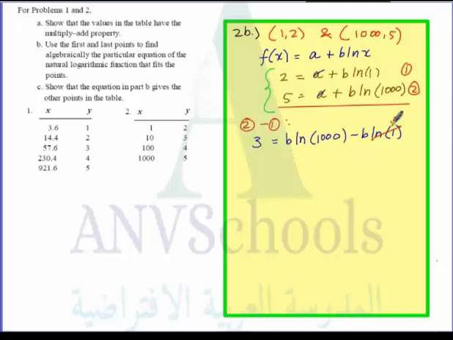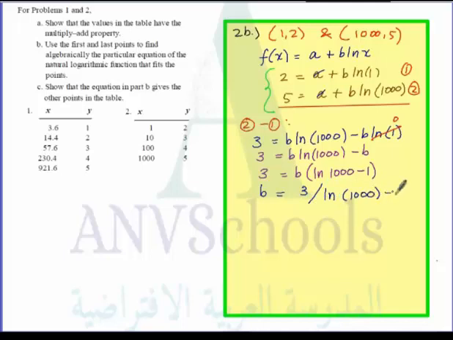So we will be left with 3 is equal to b ln of 1000 minus b. Therefore, 3 is equal to b times ln of 1000 minus 1. Computing for b, b is equal to 3 over ln of 1000 minus 1.